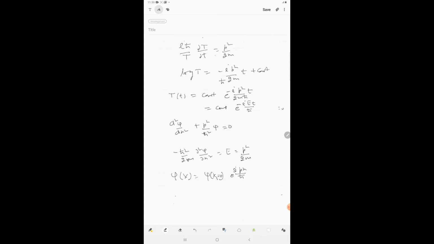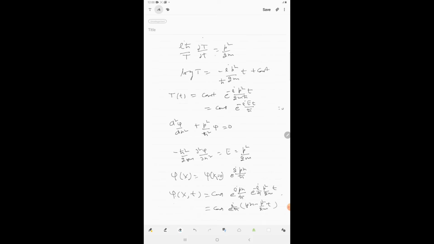Now substituting these two, we can get ψ of x,t, which is nothing but constant times e to the power ipx upon ħ times e to the power minus i upon ħ p² by 2m into t, and you can just write e to the power i upon ħ (px minus p² by 2m into t). p can take any values from minus infinity to plus infinity.